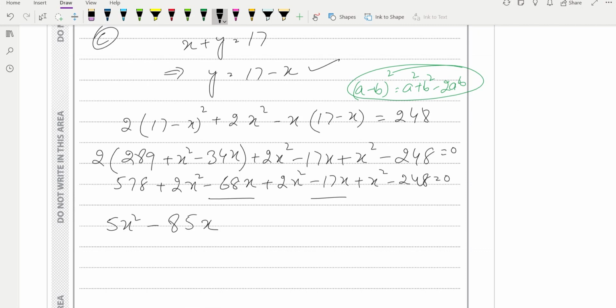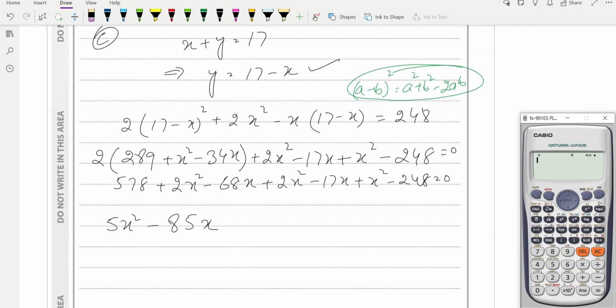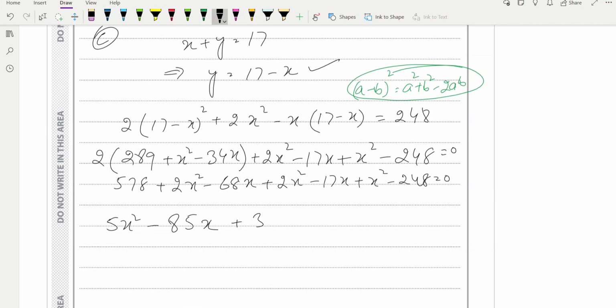So minus 85x. Now we can go for the constant term, and the constant term is 578 and minus 248, and this will give us 330, so plus 330 is equal to 0.